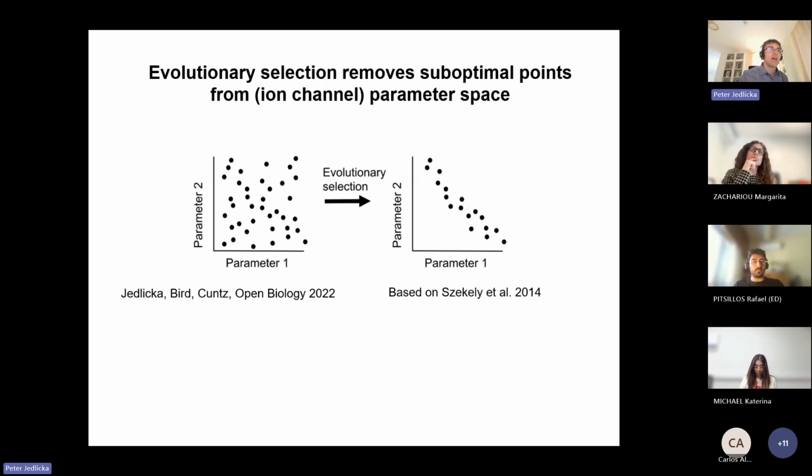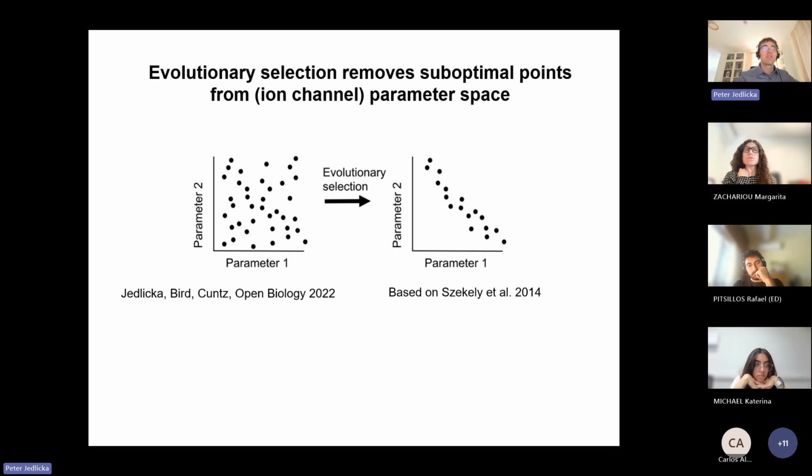Why? Because if you have a parameter space which is very complex, here we show it only schematically for 2 parameters, but you can think of 3 or more parameters, I think it's plausible, based on Uri Alon's ideas, that evolution over millions of years removed the suboptimal parameters and simplified the parameter space.